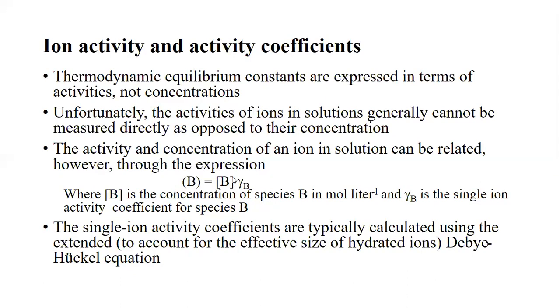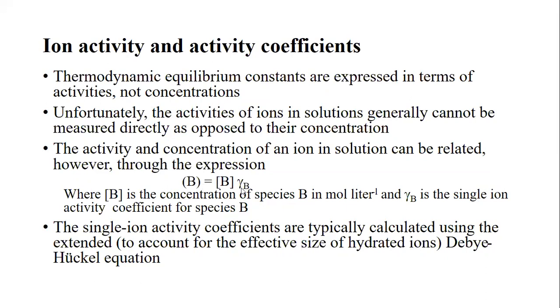So how do we change from concentration to activity? We have to calculate what we call gamma, the single ion activity coefficient for every ion. If we know gamma, we multiply it by the concentration which we obtain from the laboratory, from the analysis, and then we obtain the activity. So basically that's what we talked about, okay?